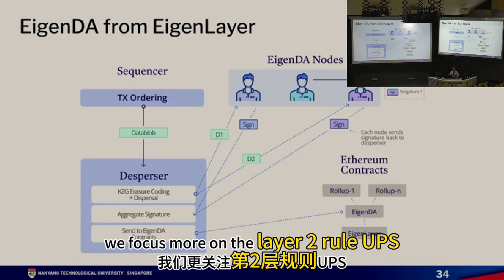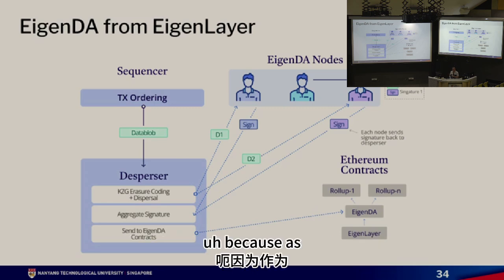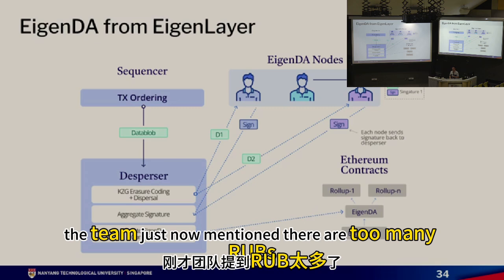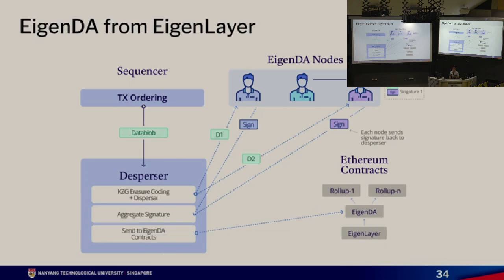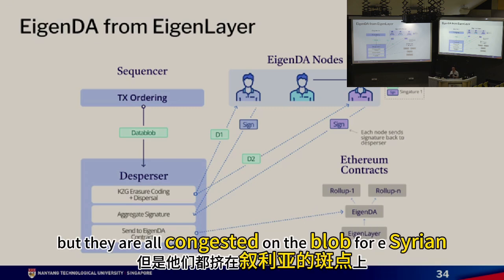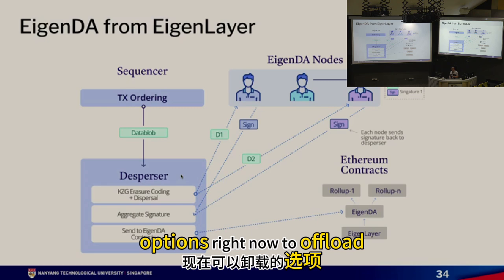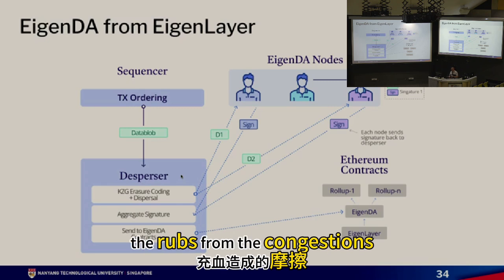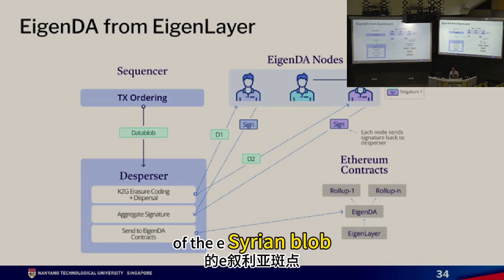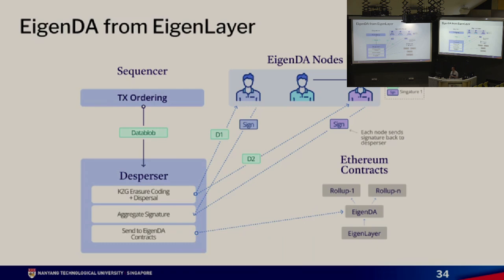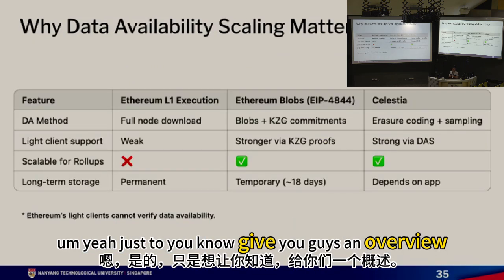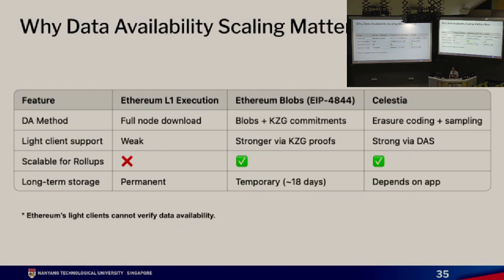We focus more on layer 2 rollups because, as the team just mentioned, there are too many rollups, but they are all congested on the Ethereum blob. Eigen DA is definitely one of the options right now to offload the rollups from the congestion of the Ethereum blob. Yeah, just to give you an overview.